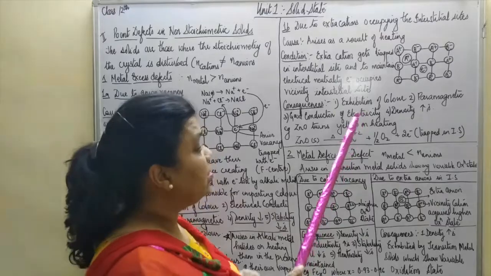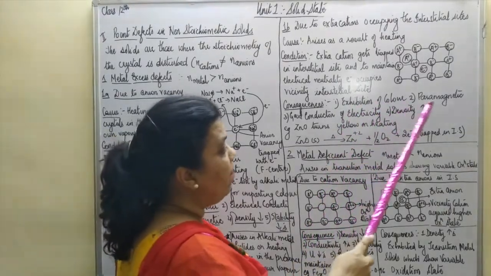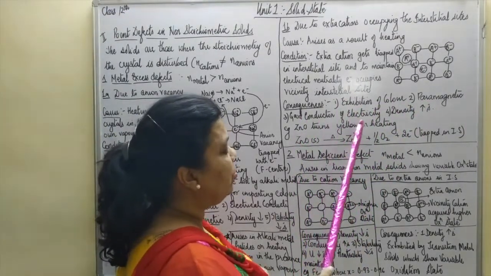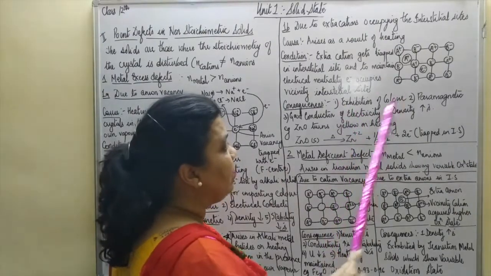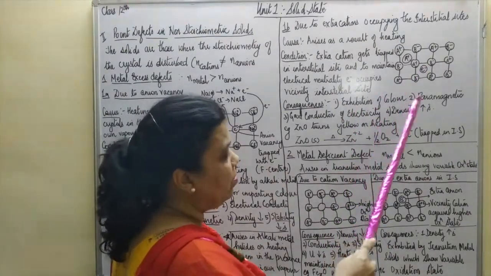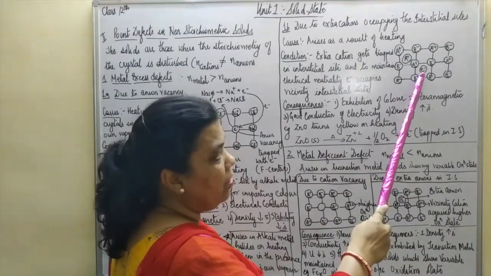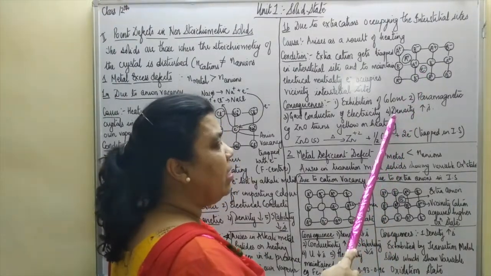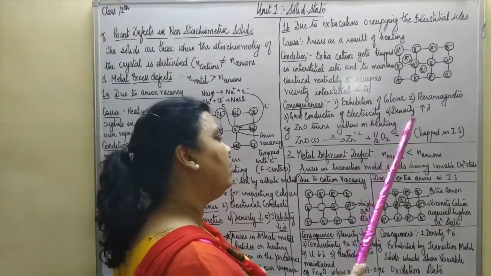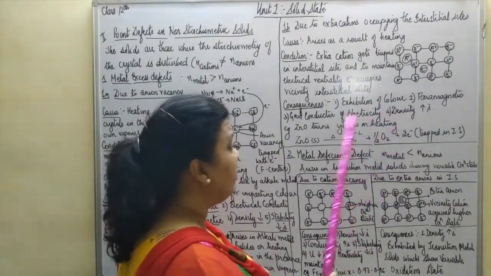So these are the important consequences: exhibition of color, paramagnetic nature, good conductor of electricity. All this is because of this electron. All these three properties are because of this unpaired electron getting trapped in the interstitial site. And density increases is the last consequence.